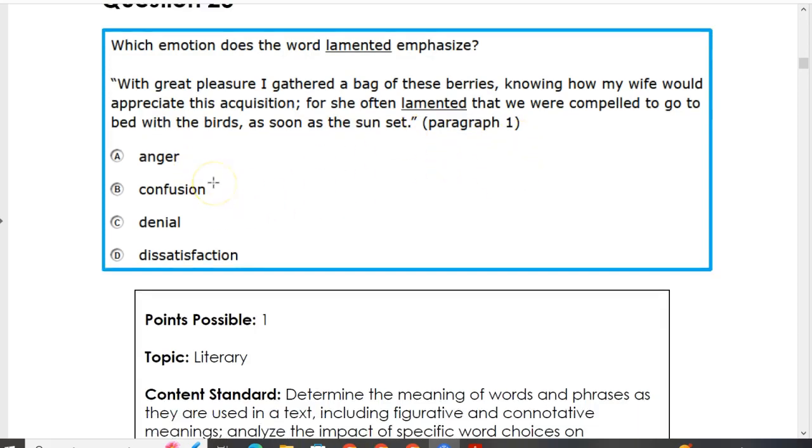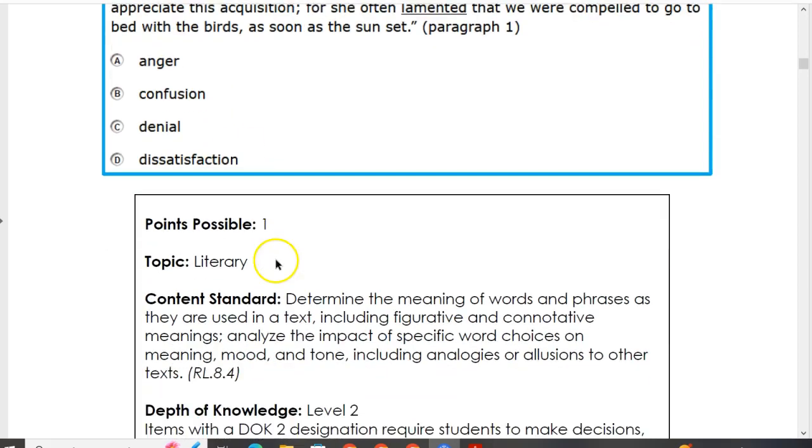So, this is a 1-point question. It is to determine the word or phrases as they are used in the text, including figurative language and connotative meanings, or to analyze the impact of specific word choices.